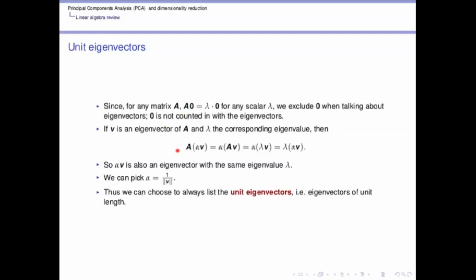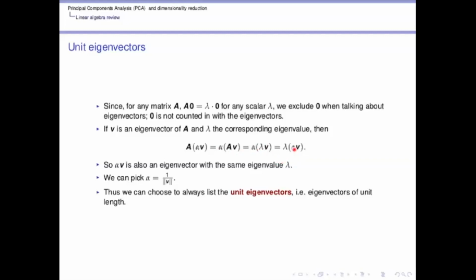A times alpha V is equal to alpha times AV, which is so far not surprising. This is just a scalar multiplication. The important and interesting part comes in here, that this is alpha times lambda V. So this AV is equal to lambda times V. This is where the property eigen comes in.